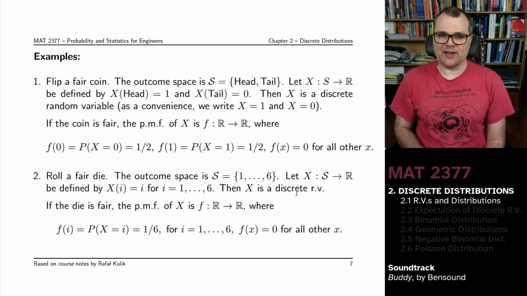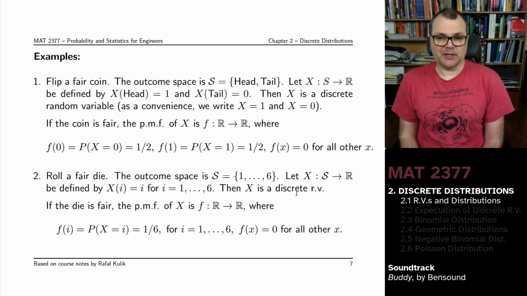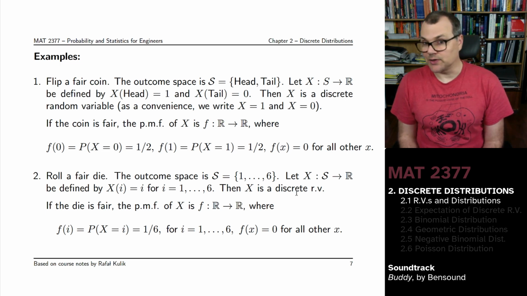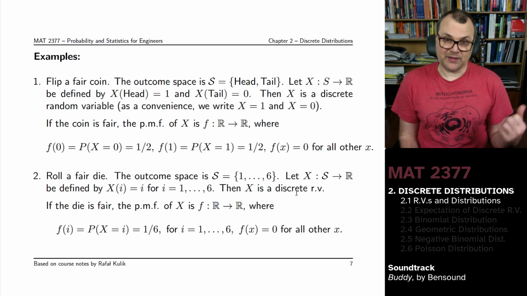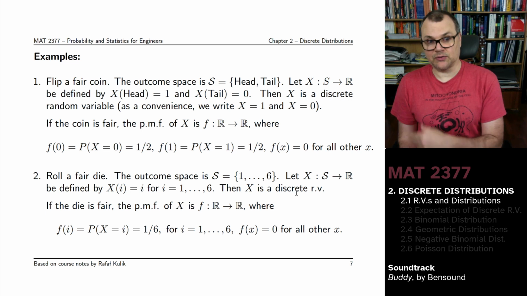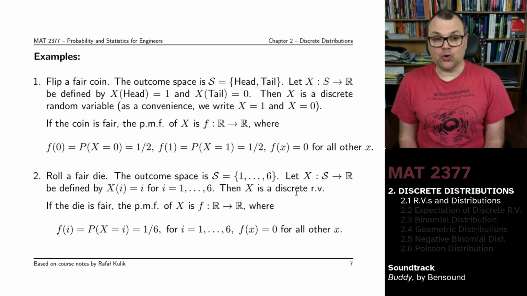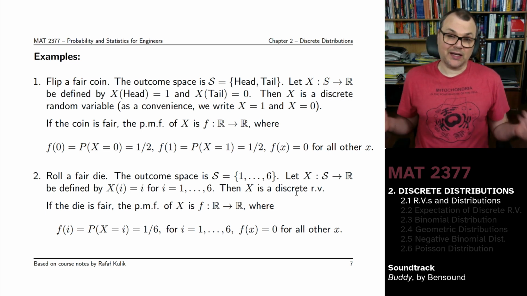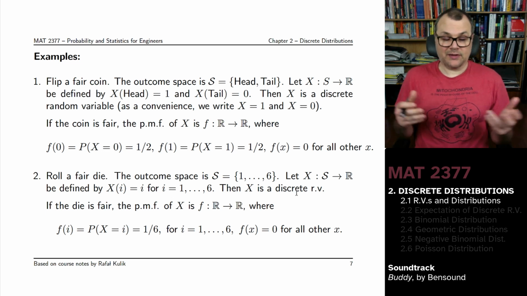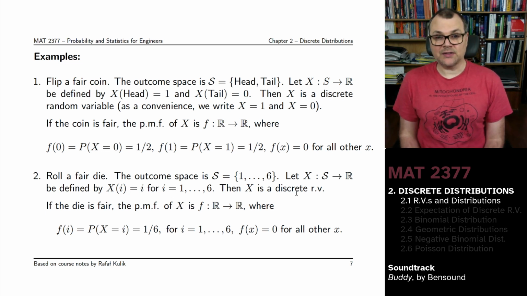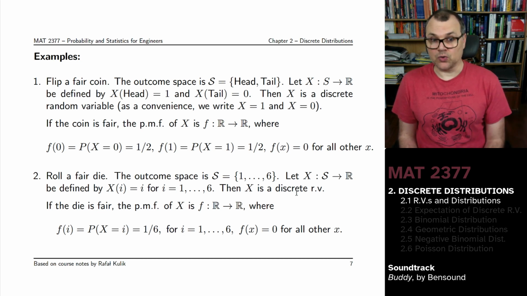So it is a discrete random variable, and we will typically write X equals 1 and X equals 0 to mean I flipped the head or I flipped the tail, respectively. Now, if your coin is fair, you are just as likely to flip heads as you are to flip tails, and so the probability mass function, which computes the probability that you would flip tails or heads, should take on the constant value 1/2.